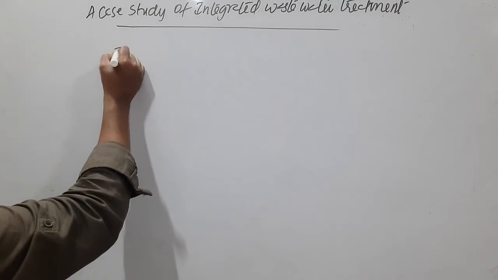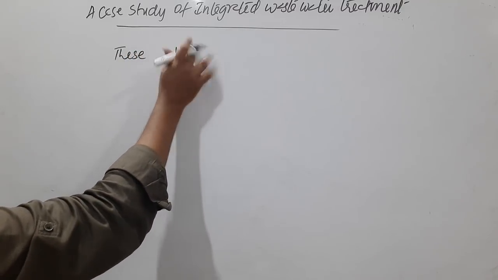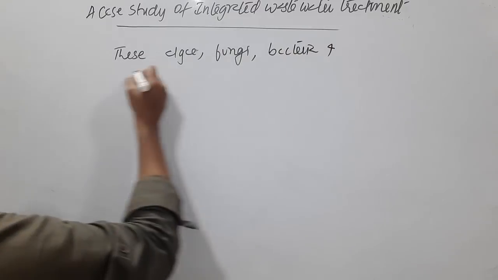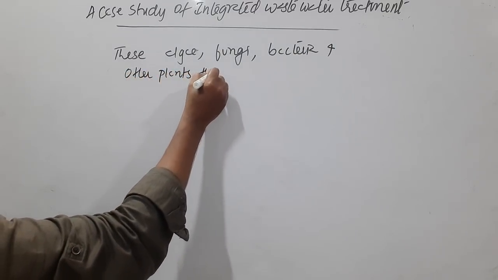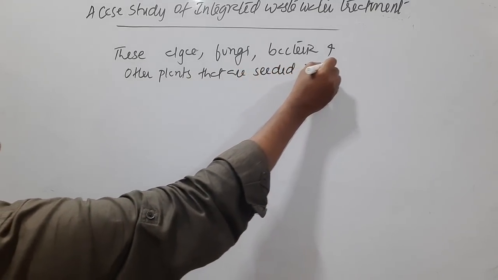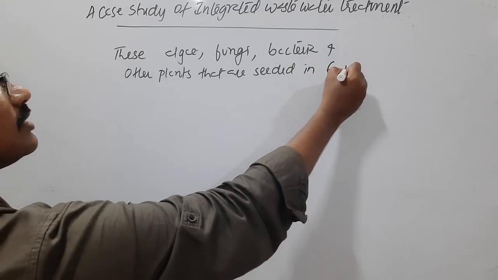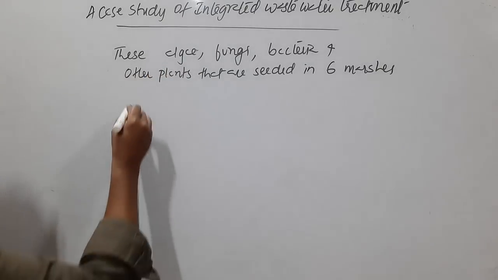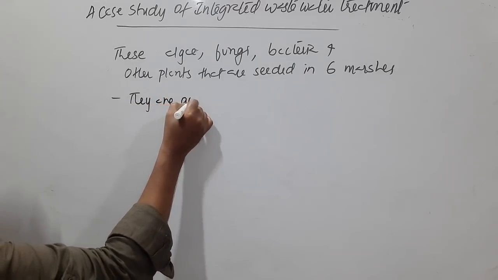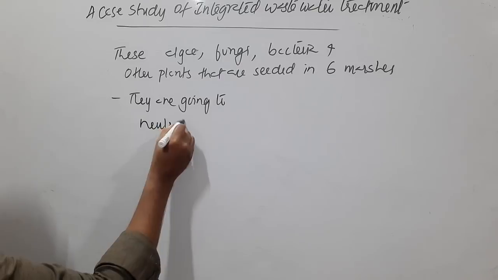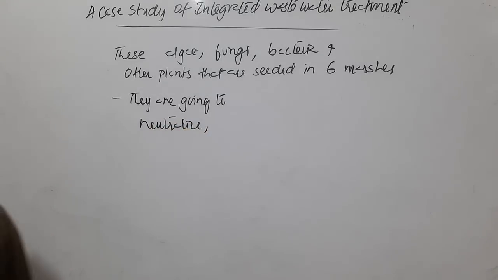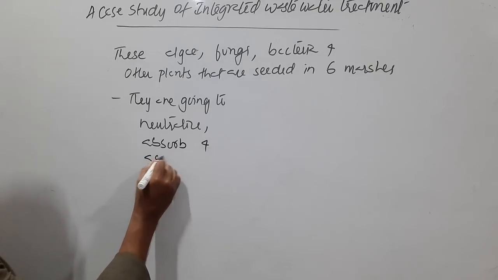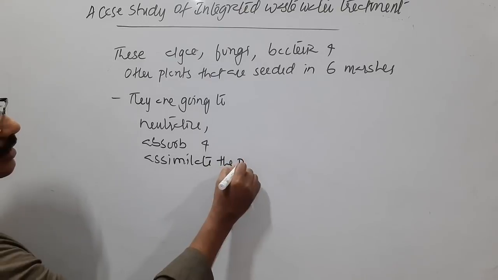Now these algae, fungi, bacteria, and other plants that are seeded in the six marshes are going to neutralize those pollutants, and also absorb and assimilate the pollutants.